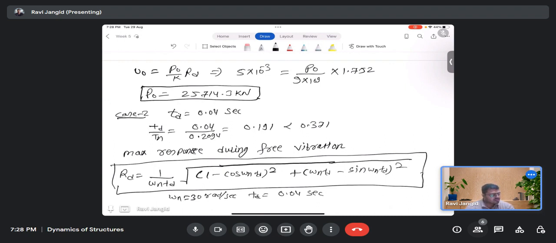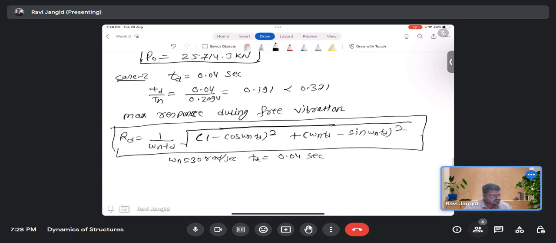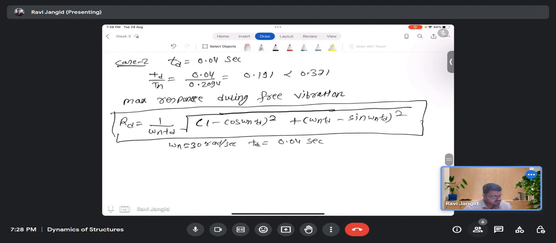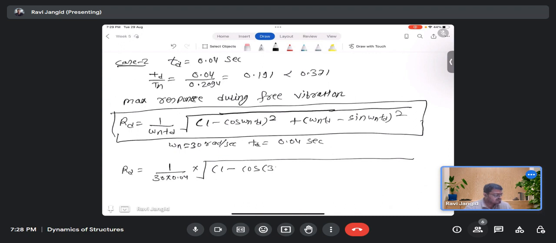So if I keep, let me put the values inside. Is it coming 0.912? No, please check your calculations. Anyone with the answer?